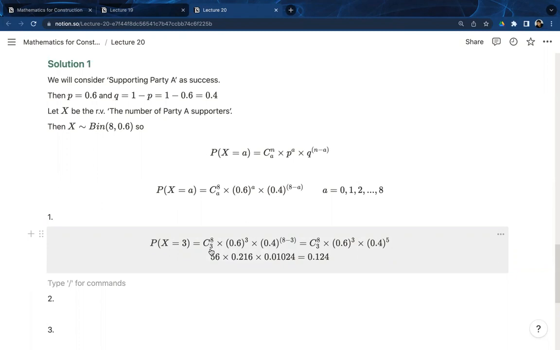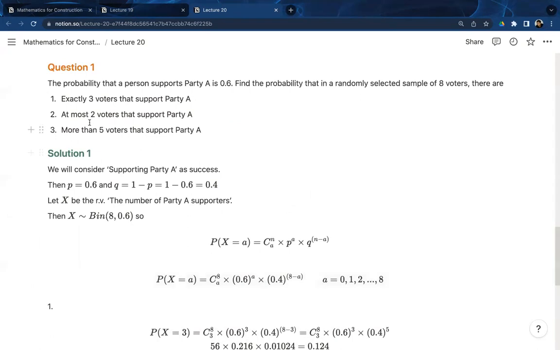So it means 3 successes. It means P, the probability of a success, would have been multiplied 3 times. And then 5 of these events had a failure. So multiply by 0.4 five times. Remember, it's 8 independent events, and you're multiplying 8 probabilities. 3 of them are success and 5 of them are failure. And there's 56 ways you could get 3 successes out of 8. Okay, so that's what this is here.